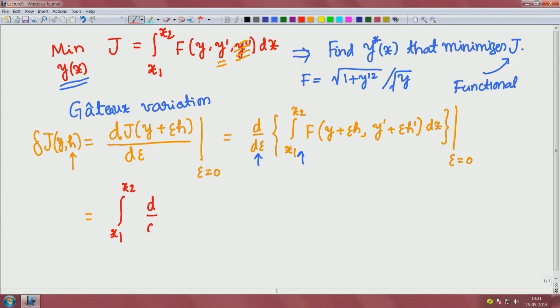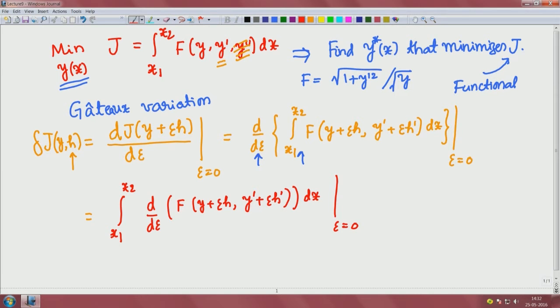We take the differentiation inside, d by d epsilon of f, which is a function of y plus epsilon h, and then y prime plus epsilon h prime, dx. Okay. And then we will substitute epsilon equal to 0 when we are done with differentiation.